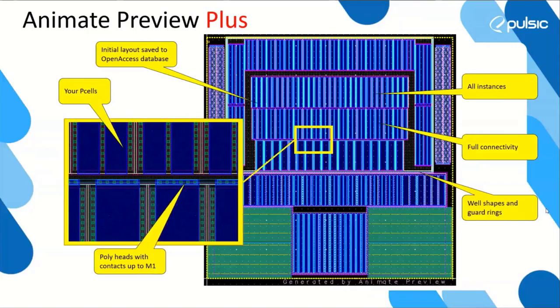So it'll get poly heads and contacts up to metal 1, and you can export that. Actually, the tool is doing a lot of routing, and there is a lot of routing in the design and increasingly more, but we're not exporting that yet in this version, but you can see we get up to that base layer of routing.